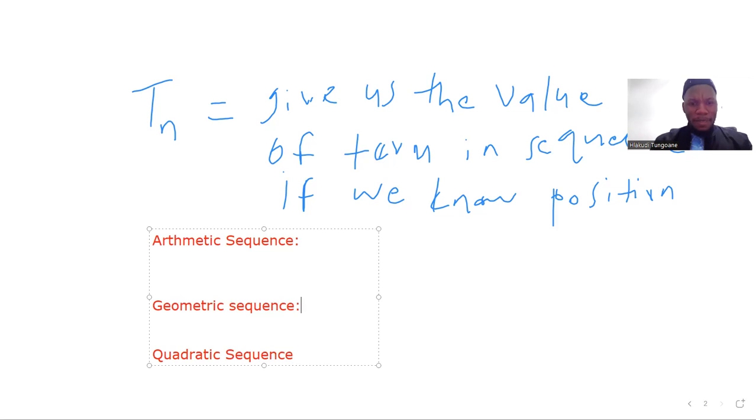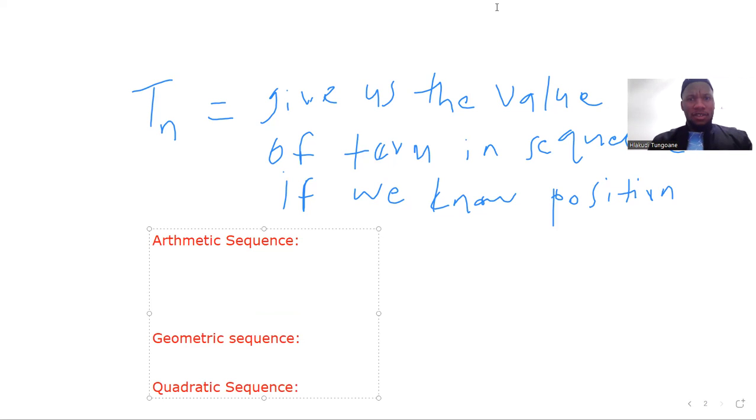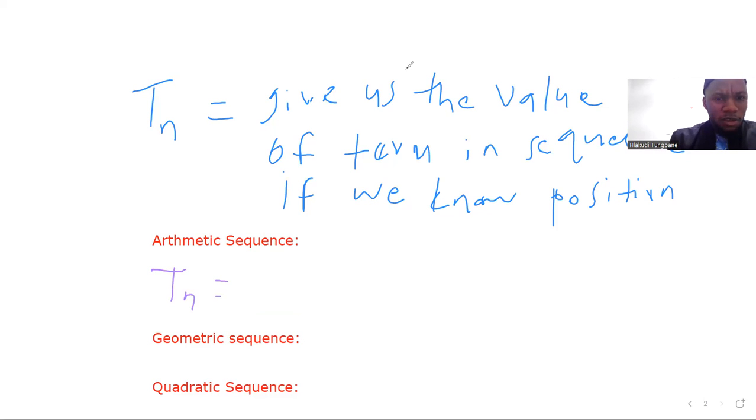So for arithmetic sequence, the general term is noted as Tn equals A plus n minus 1 D. Don't worry about the parameters there, I will come back to them now and remind you of what each means.